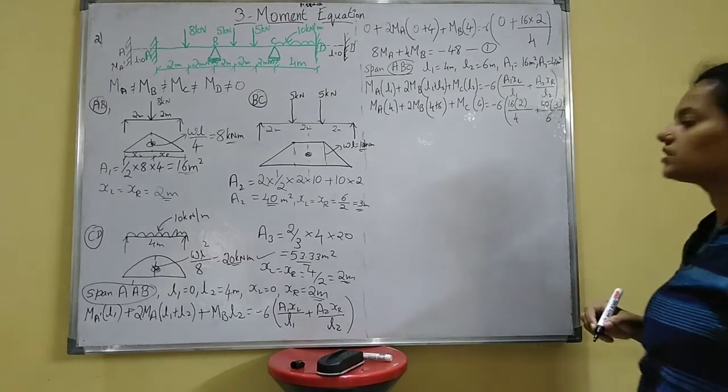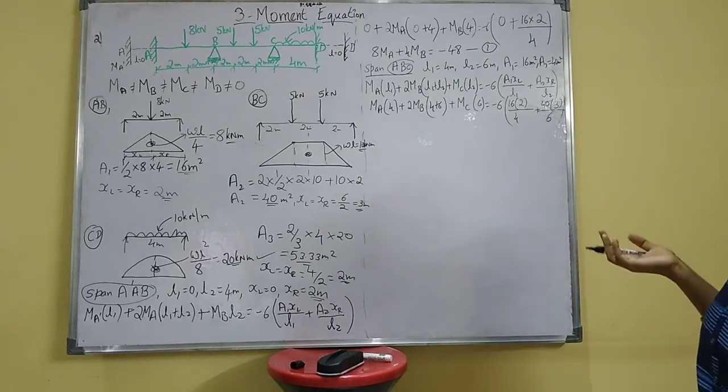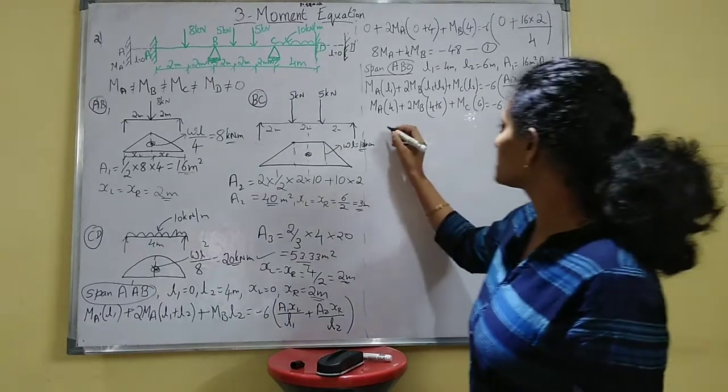Here you have the centroid distance same value, so that doesn't matter. Suppose if you have a different value, then it matters. Okay.